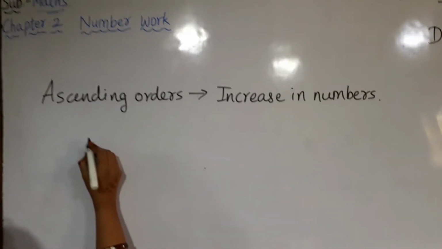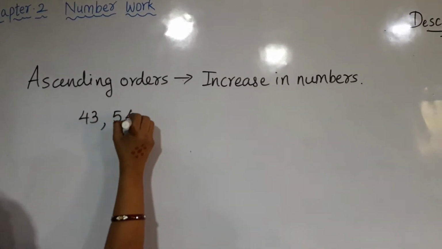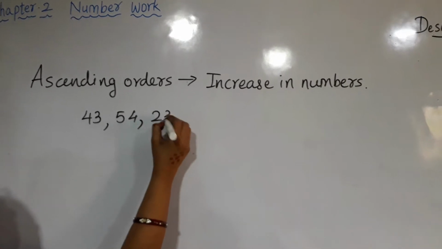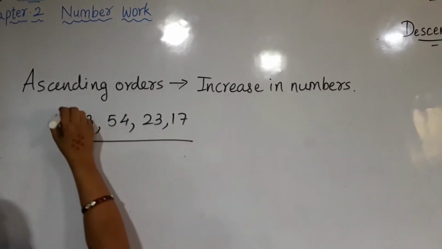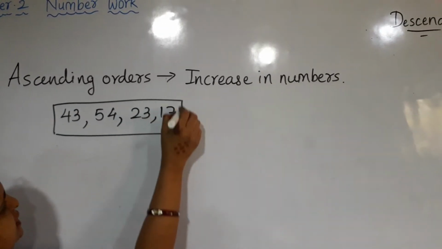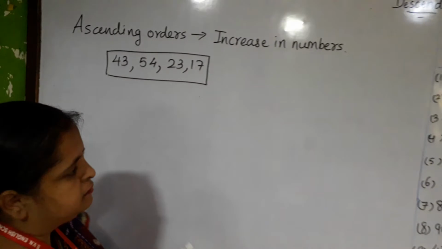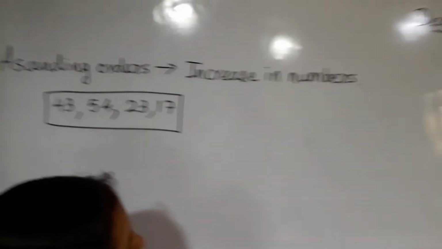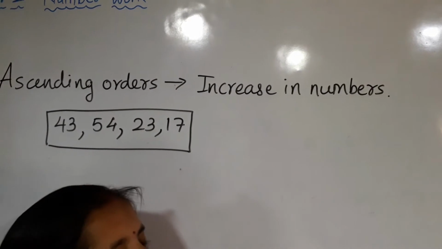See here, if I write 43, 54, 23 and 17, just like these 4 numbers are there, then we have to arrange these numbers in increasing manner. So how will we write? Increasing means we have to write the smaller number first.